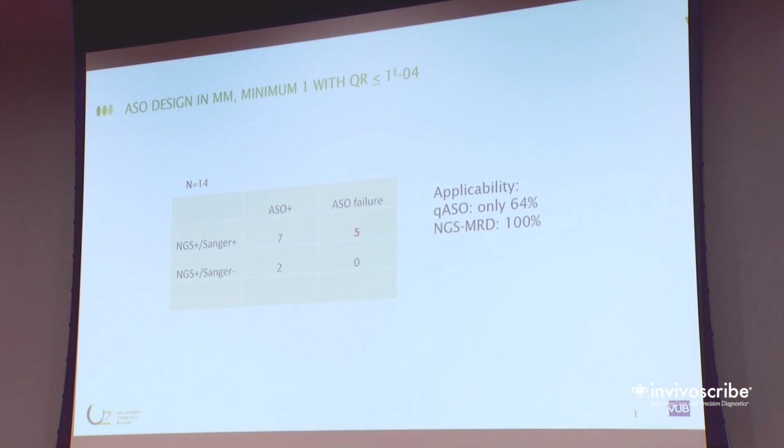So the applicability of the ASO PCR is indeed only 64% in our hands, while via the NGS we could identify in fact all the clonotypes in all the myeloma patients. So if we could use this NGS assay also for MRD analysis, then the applicability would be in theory 100%.